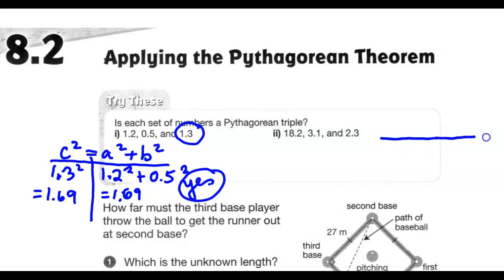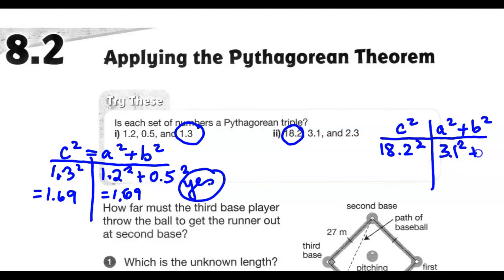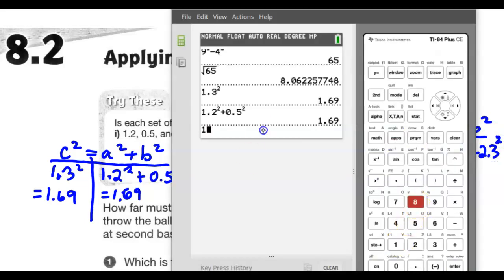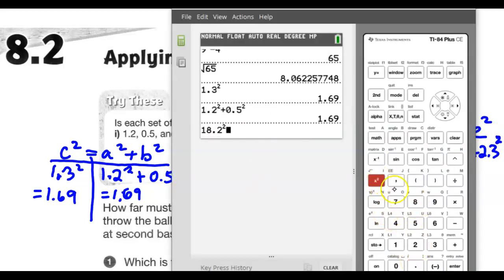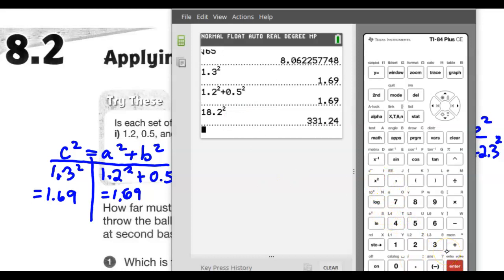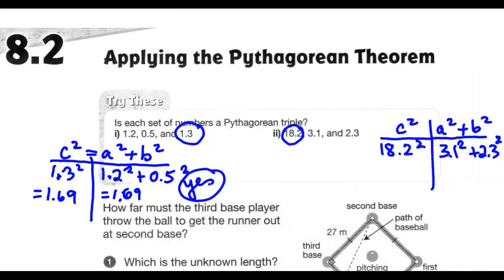And over here, if I do c squared equals a squared plus b squared, then I would look for my biggest side, which would be 18.2. It's quite large, so I have a feeling it's not going to work. But you can check. So 18.2 squared is 331.24.